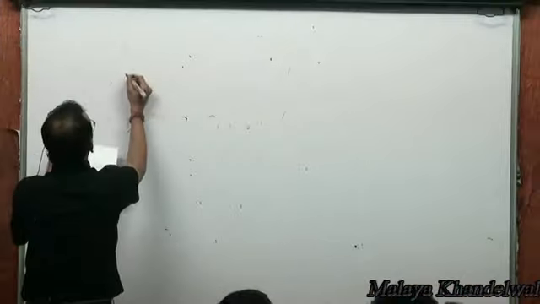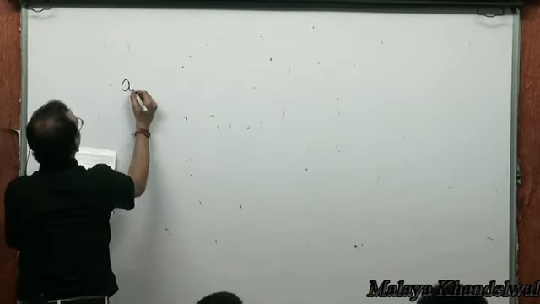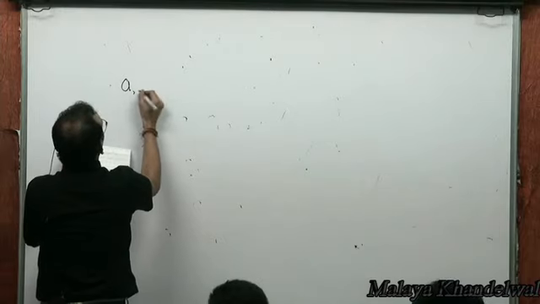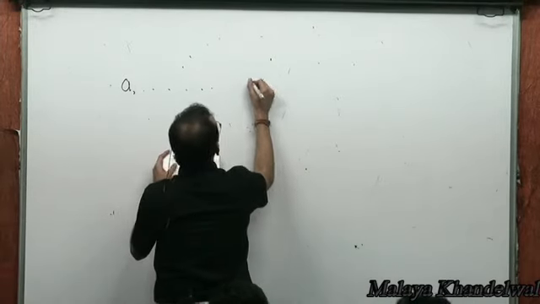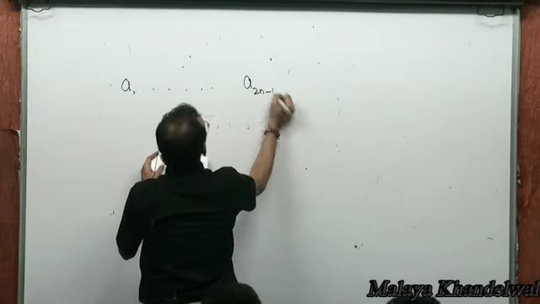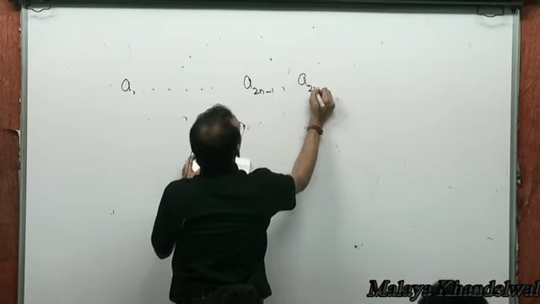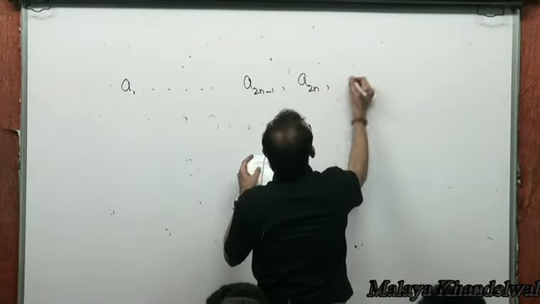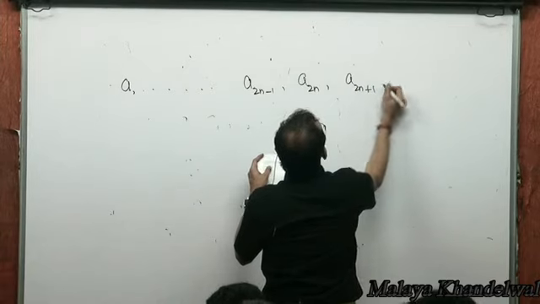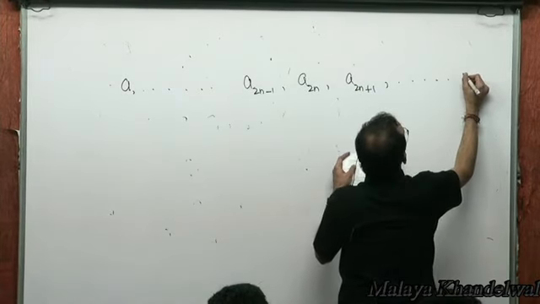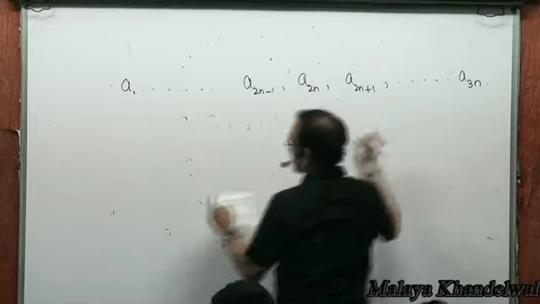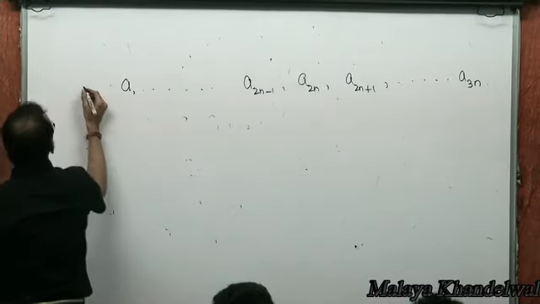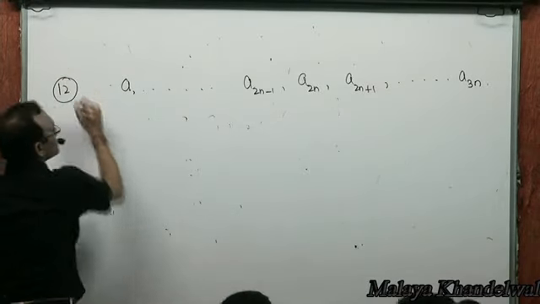So, let's say there is an AP with 3n terms, right? I'm talking of problem number 12.